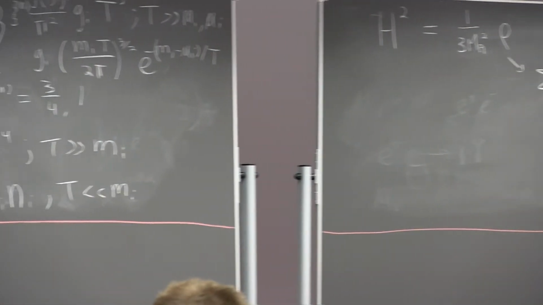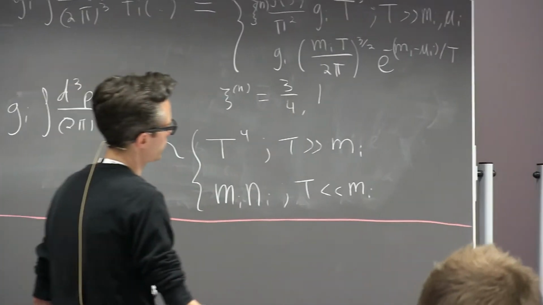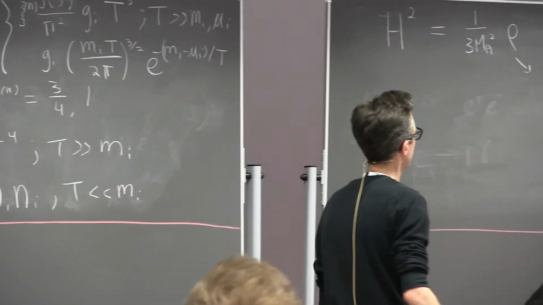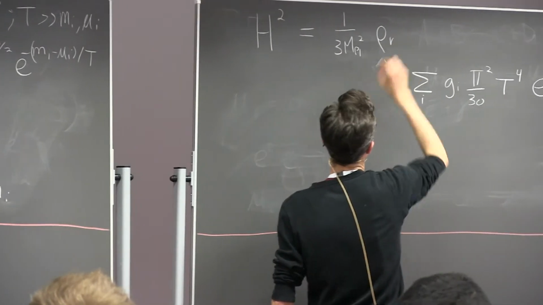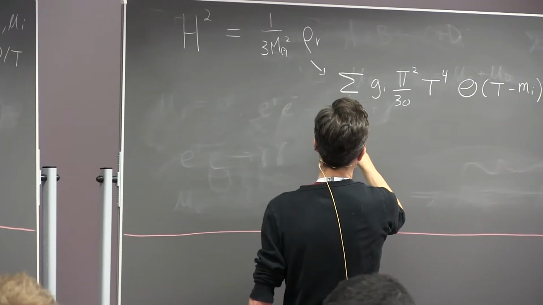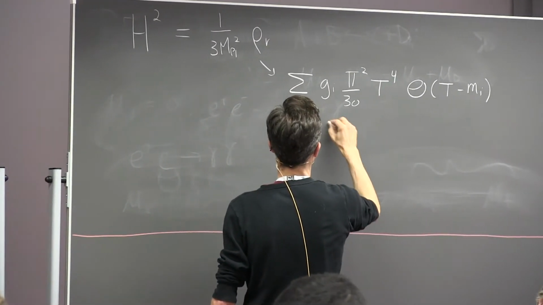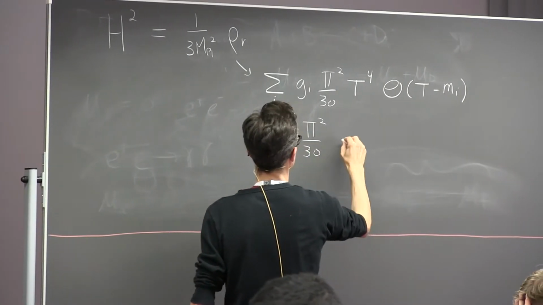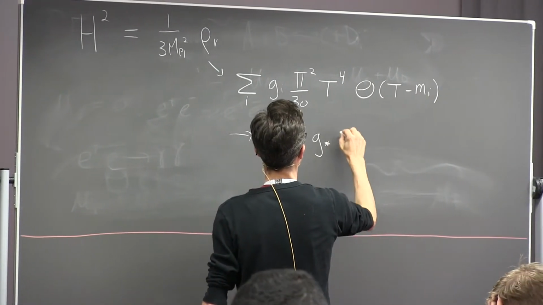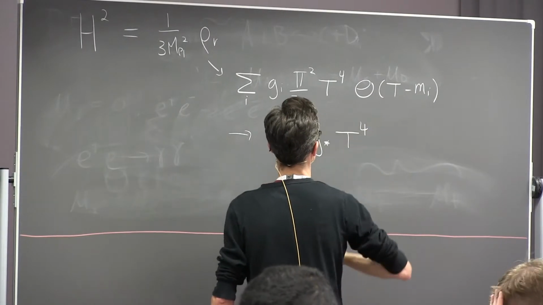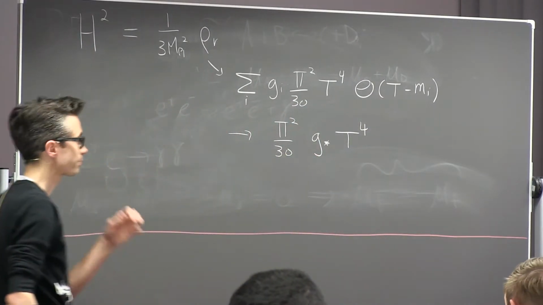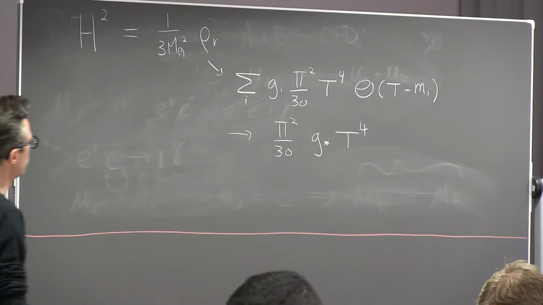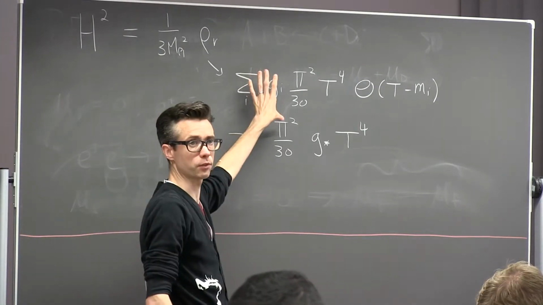So the radiation density of the universe, assuming radiation dominates, which we're pretty sure it does until pretty recently, looks like this. Sometimes this is just rewritten as pi squared over 30 g star T to the 4th, where g star is essentially a sum over the individual degrees of freedom.